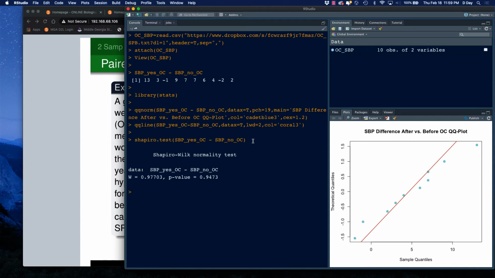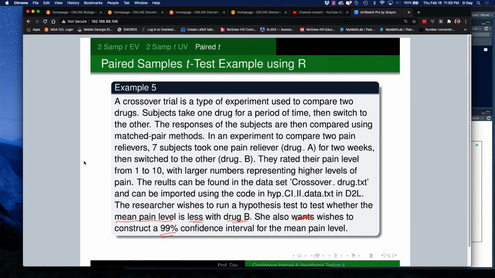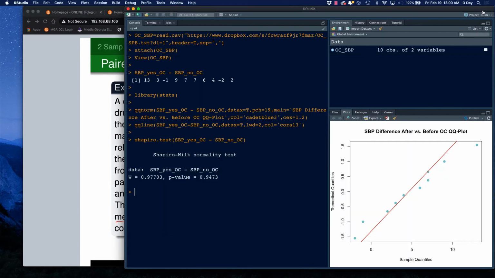Let's do example 5 as well. Example 5 was the drug one that we did in the crossover experiment. It had something to do with pain relievers, being on one pain reliever for a certain amount of time and then switching to the other. And so the score, their pain score on a scale from 1 to 10 was what we recorded.